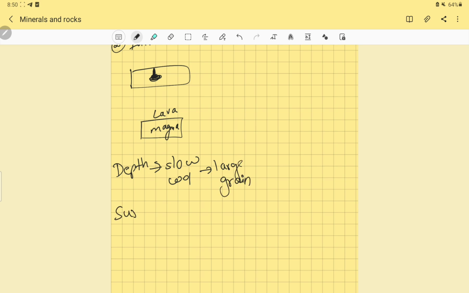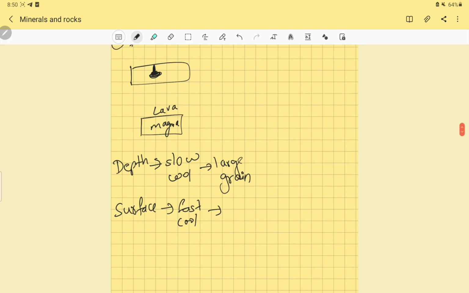If it solidifies on the surface, that is extrusive form, then it cools fast, because there is a role of temperature and atmosphere on that lava, so it cools faster compared to depth. Since it cools faster, it has small grains. That's one thing you should remember.